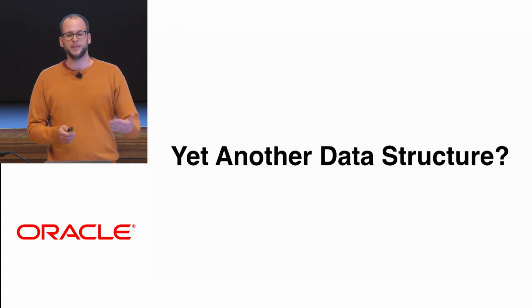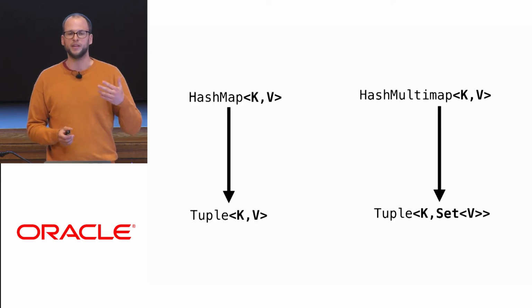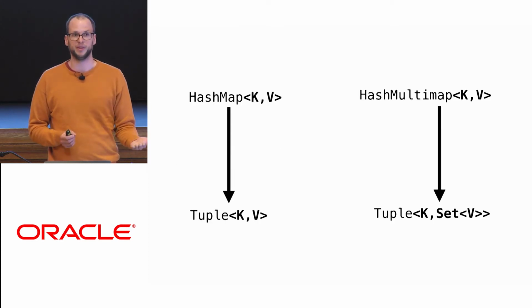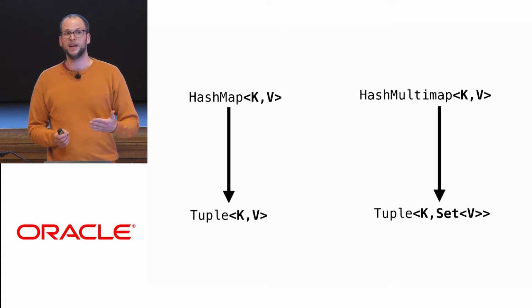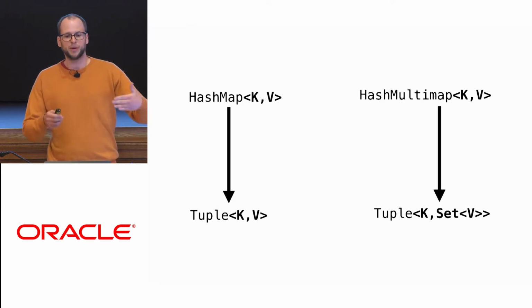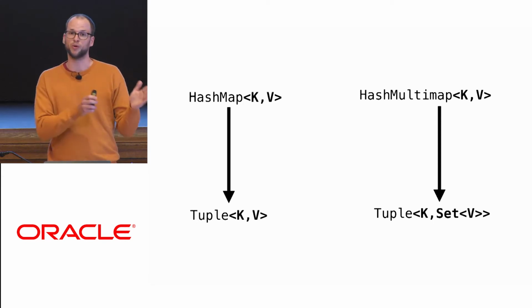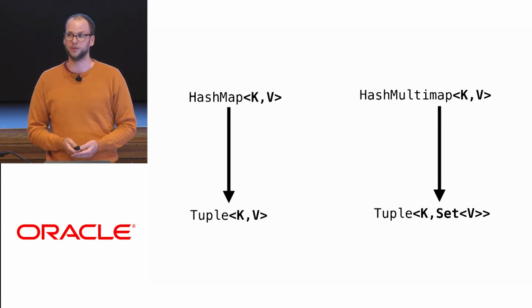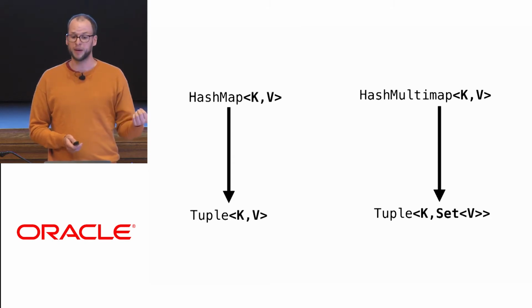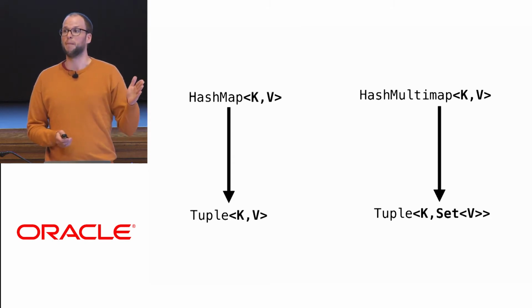So what would be alternative solutions to tackle that problem? Well, let me take a step back and look at the differences between maps and multi-maps. If we ignore for the moment all the API differences that are definitely there, from the memory representation, the only difference is that for a regular map, we need to store one-to-one correspondences between keys and values, whereas for multi-maps, we need to cater for multiple values that can be associated with a single key.